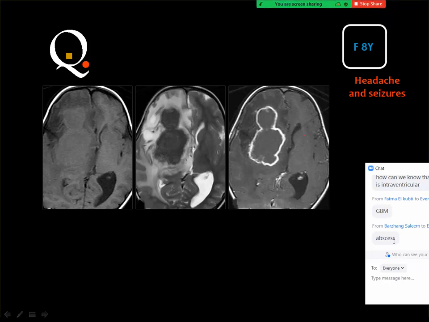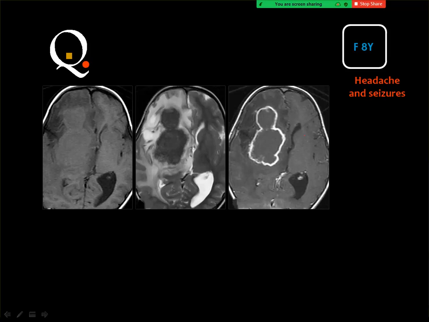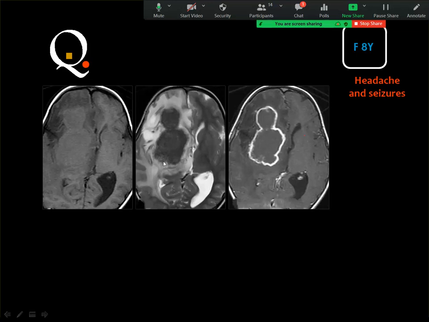And you mentioned that this is an abscess, but if you look carefully, you see that the abscess in the T2 weighted image will contain fluid or pus, and this pus will be of bright signal, and it would also be hypointense in the T1 weighted images.